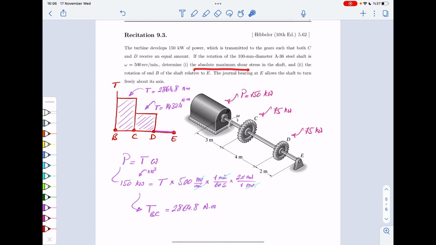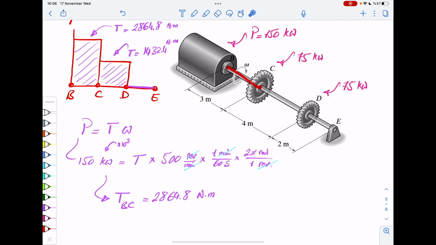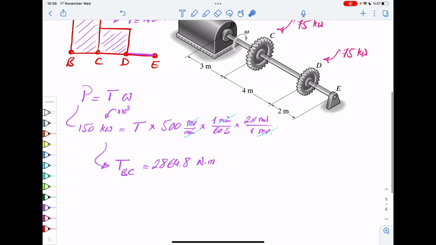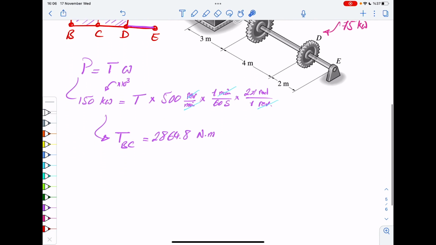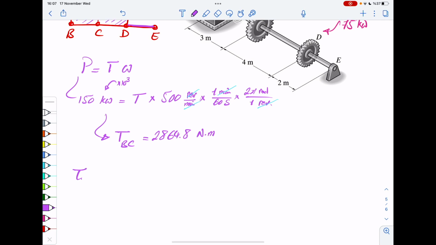Okay. So if you wanted the maximum shear stress, obviously that occurs between B and C, because T is larger, and now in your formula you can use that. So tau max is again TC over J. For this T, you put your TBC because it's the maximum T. For C, you put the outer radius, 0.05, and J, as I just mentioned, is pi over 2, 0.05 to the power 4.